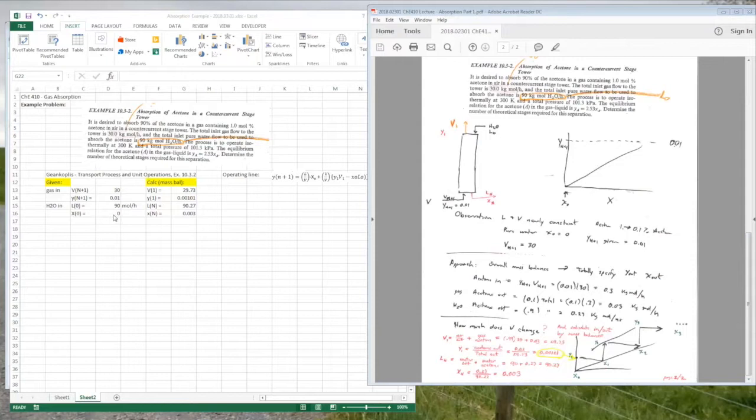Pure water was being used, so the mole fraction was 0, and we were given the dirty gas composition for the acetone. Doing an overall mass balance gives you the ability to do the calculation.